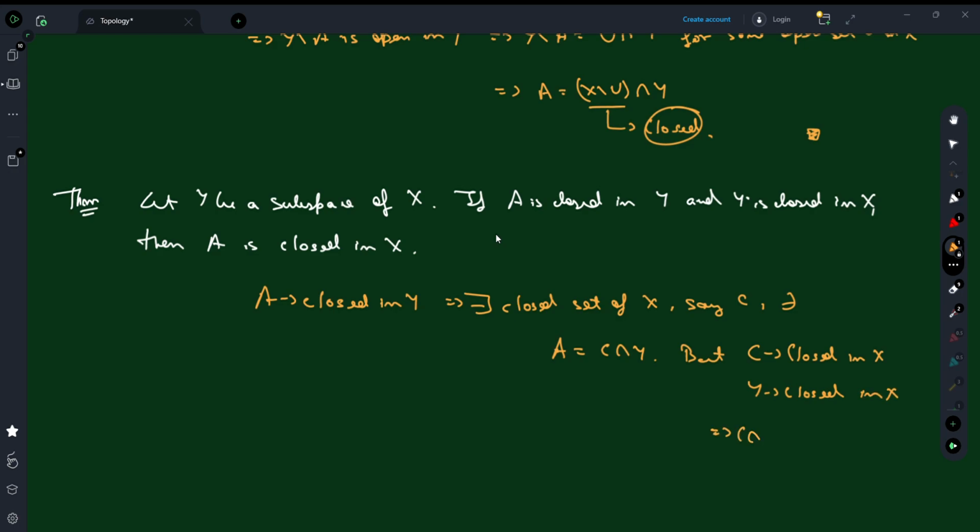That implies C intersection Y, which is equal to A, is closed in X. Because A is closed in Y, A is necessarily a subset of Y, so A is a subset of X because Y is a subspace of X.